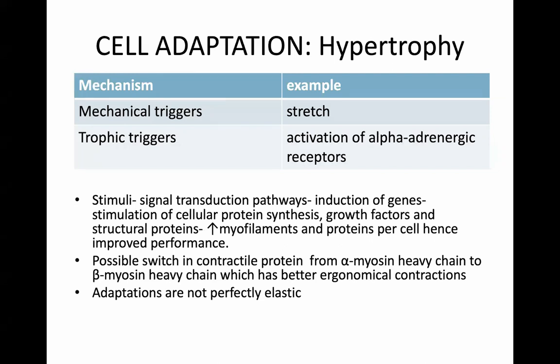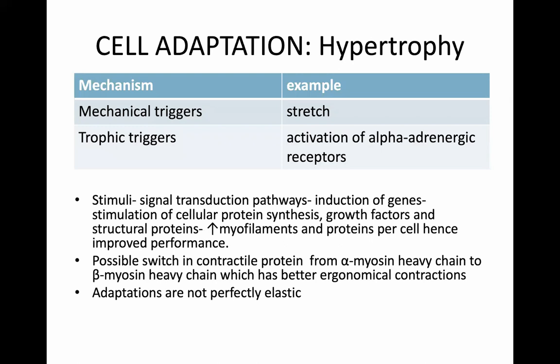Hyperplasia is an adaptive response in cells capable of replication, whereas hypertrophy, which we're currently discussing, occurs when cells are incapable of dividing. Hypertrophy can be physiologic, it can also be pathologic, and is caused either by increased functional demand or by specific hormonal stimulation.